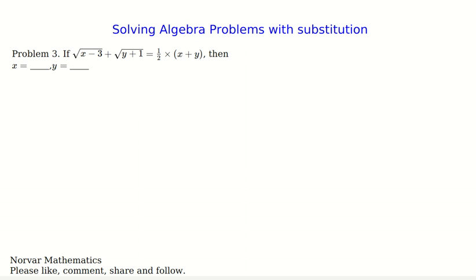Problem 3. If √(x − 3) + √(y + 1) = 1/2 (x + y), then x equals what, y equals what? Solution.